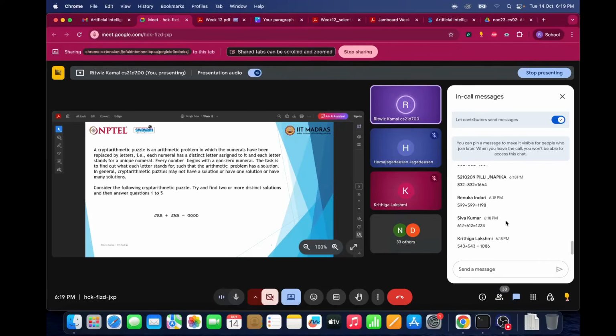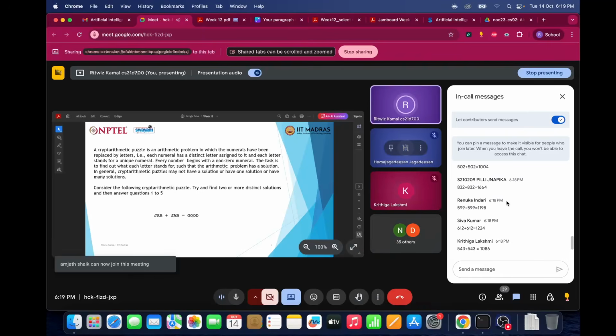So let's go over all these solutions one by one that some of you have posted. So 614 plus 614 or 612 plus 612, I think some of you have posted. They seem okay, but actually they are violating one condition where you are assigning A to be 1 and then you are also assigning G to be 1, which is violating the constraint that no two alphabets should have the same assignment.